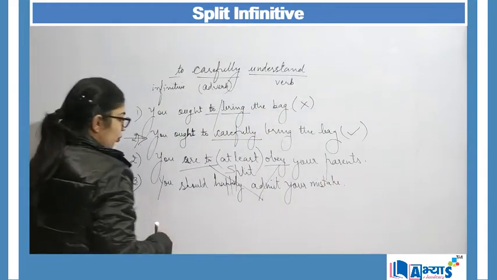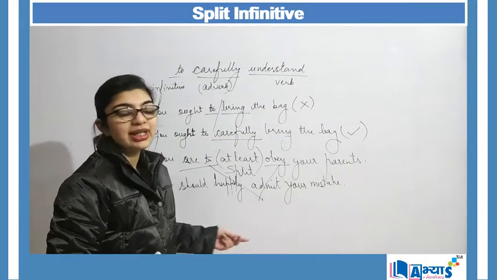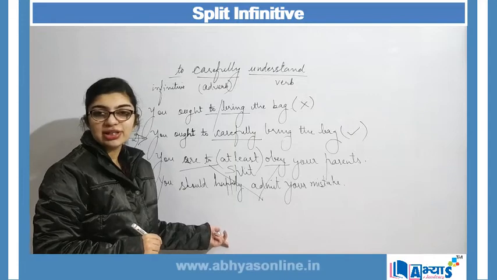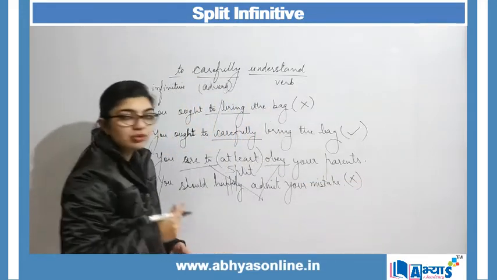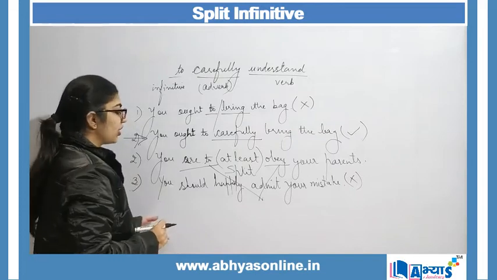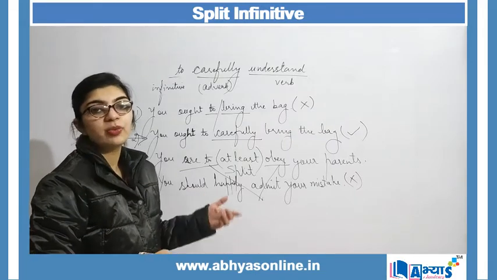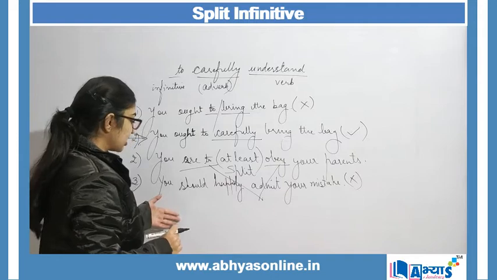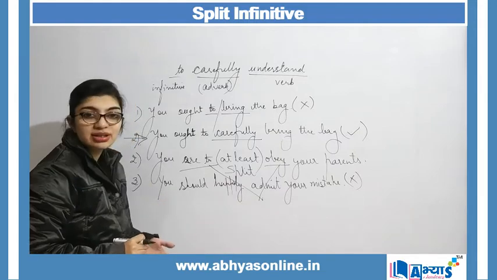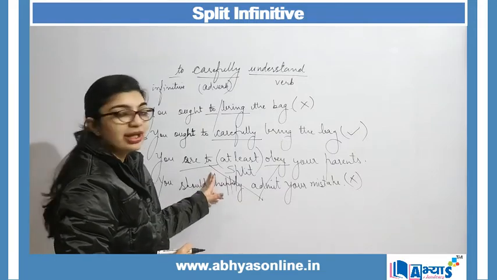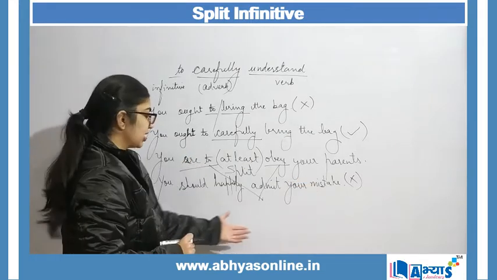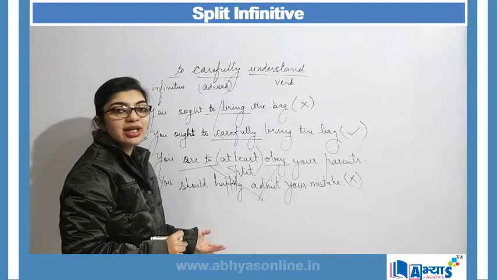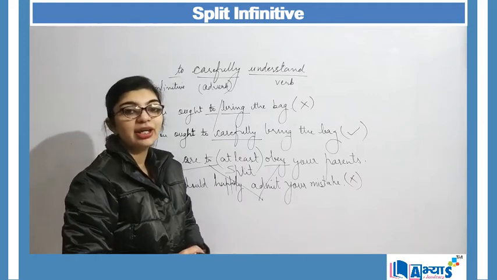When I say "you should happily admit your mistake," is this my infinitive? No. It is not my infinitive and therefore it cannot be a split infinitive. Why? Because I cannot see "to" plus my verb. So what I mean to say is that a sentence will be considered an infinitive only when it will have "to" as an infinitive plus the verb. Since there is no such thing, this is not regarded as my infinitive.